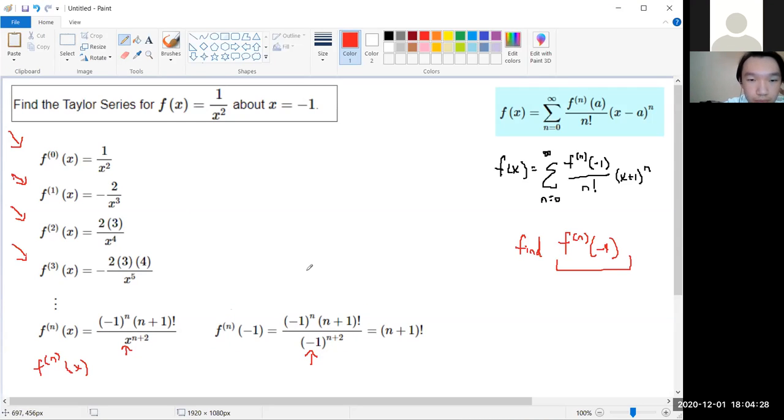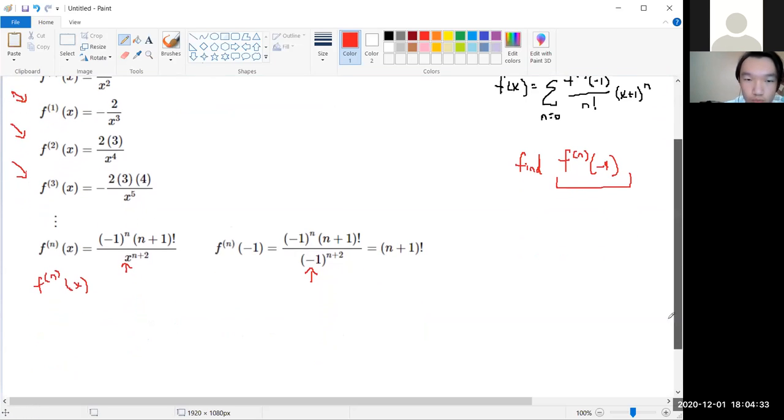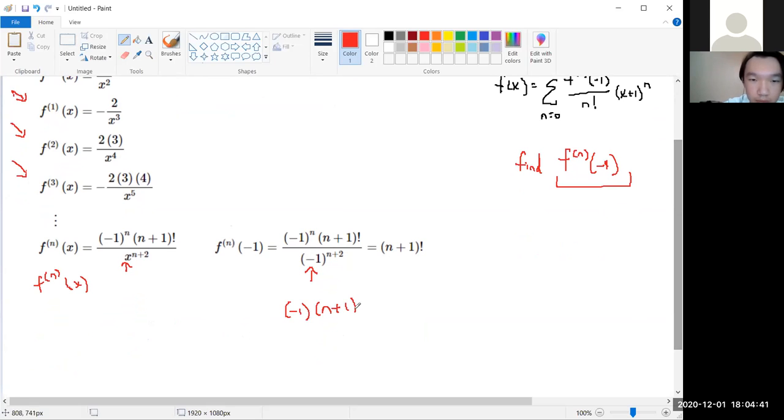Let me show the simplification process. So I have -1 times n plus 1 factorial. And then I have -1 to the n plus 2. So that's n, and then -1 squared, right?